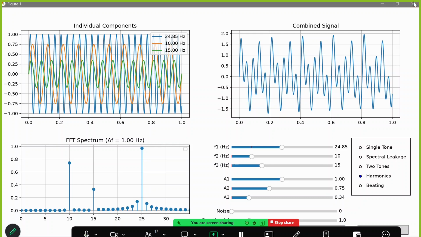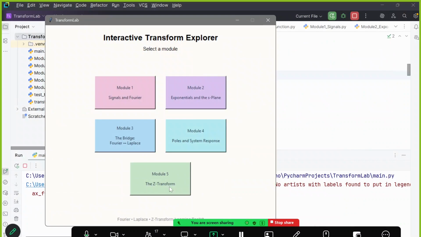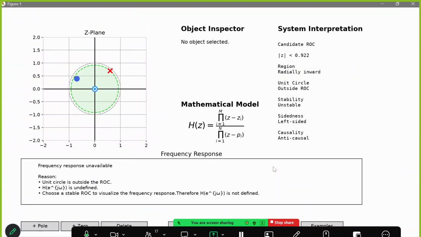Okay, so let's go to module 5, which is the Z transform. Again, the Z transform is nothing new. It's basically just the generalization of the Fourier transform. Instead of just using a one-dimensional graph, we actually perform the analysis on a two-dimensional complex plane.